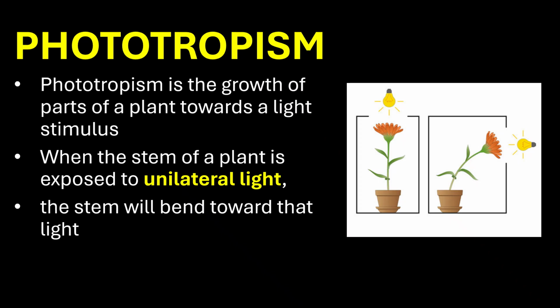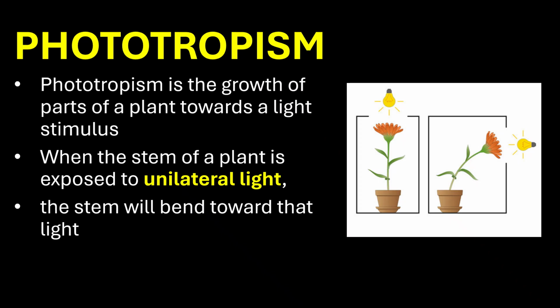Then, when the stem of a plant is exposed to unilateral light, the word uni means one, one light source or light from one side. Lateral means side. So when you expose a plant to light coming from one side, so over here the light is coming from one side. This is a side of the box. The plant will grow vertical.